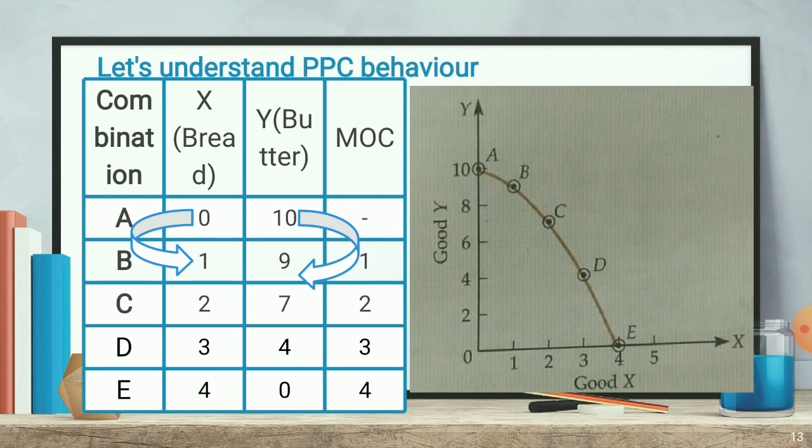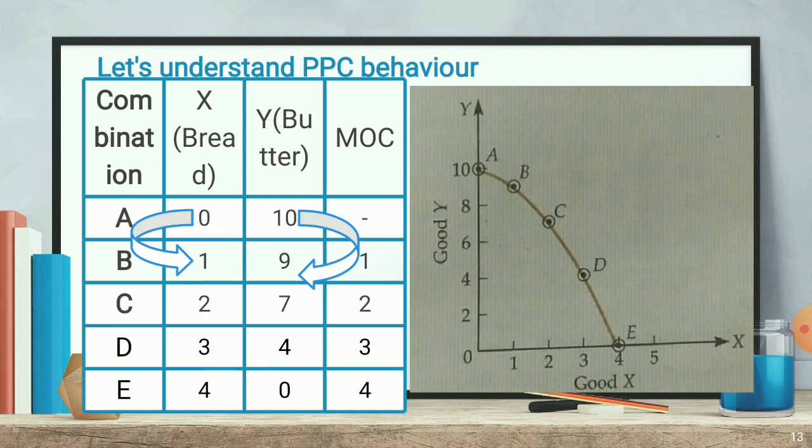Now look at the next, B and C. In the Y column you will find 9 and then 7. The difference between 9 and 7 is 2. And in the X column, 1 and 2, the difference is 1. So loss will be 2 and gain will be 1. So loss upon gain, 2 divided by 1, will be 2. That's why in the MOC column we have written 2.